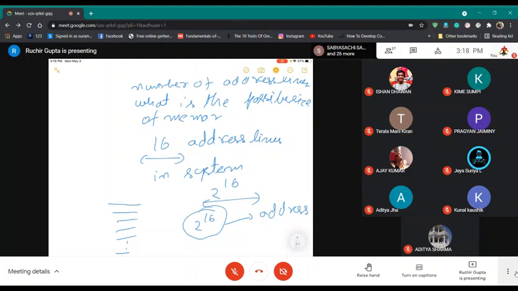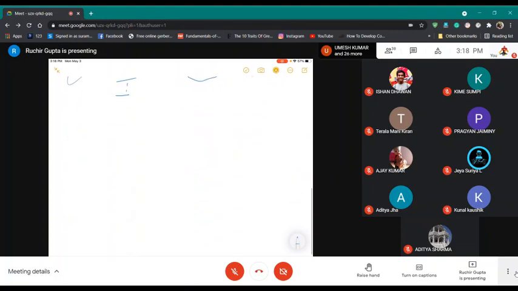So in a way, you can have 2 raised to the power 16 addresses if you have a 16 address line system. If it's byte addressable, it will be 2 raised to the power 16 bytes that can be supported. If it's word addressable, 2 raised to the power 16 words can be supported. Right? Is it okay?